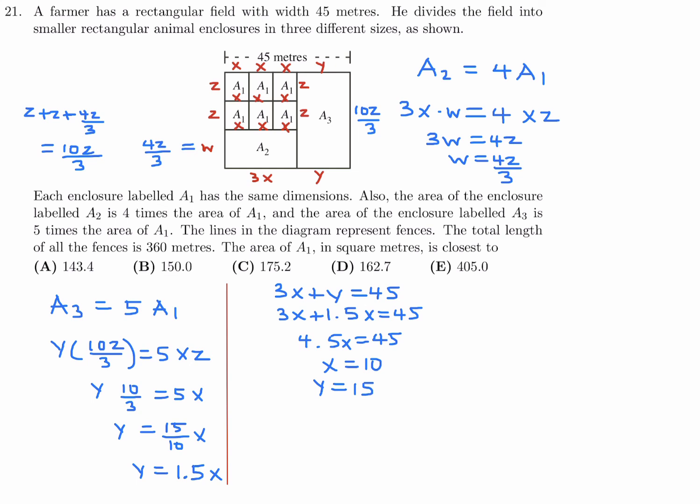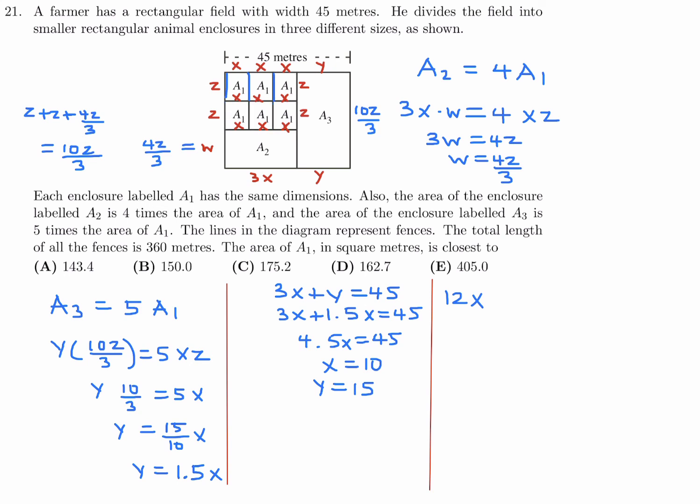All right, great. And now we have to figure out z. How we figure out z is by using, of course, this part, that the total fence is 360. So we have to now figure out what is the total fence. Okay, first let's concentrate on the x's. 1, 2, 3, 4, 5, 6, 7, 8, 9, plus 3, 12 x's make up part of that fence, so we have 12x. Now let's concentrate on the z's. 1, 2, 3, 4, 5, 6, 7, 8.